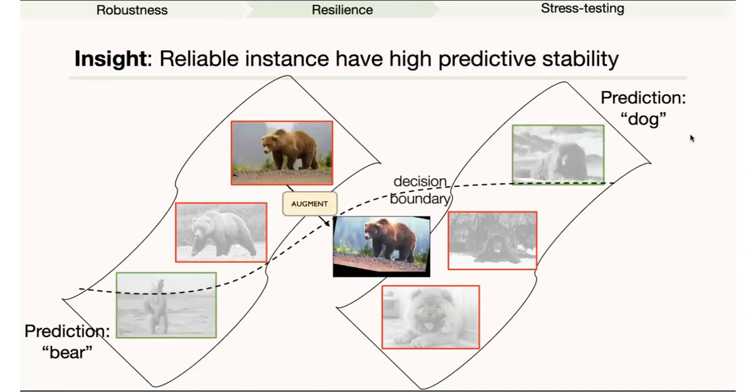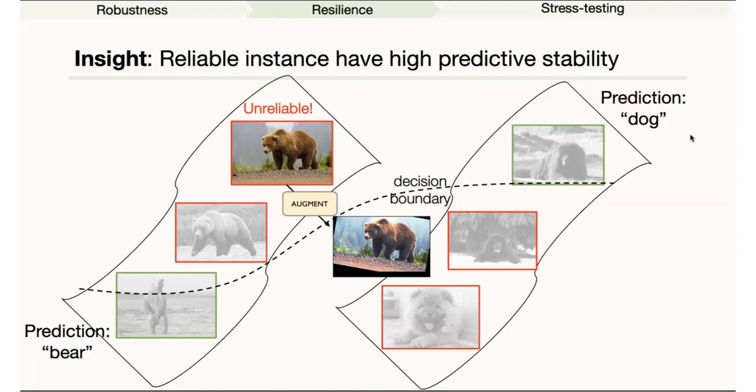So instead, we focused on a different metric where we look at the predictive stability of the model under image augmentations, right? So we generate a random augmentation for an image, and we look at the model's prediction on this augmented image. And if the prediction changes, or if the predictive stability is low, then we consider that an unreliable instance. And so we're not going to trust the model's label there, and vice versa.